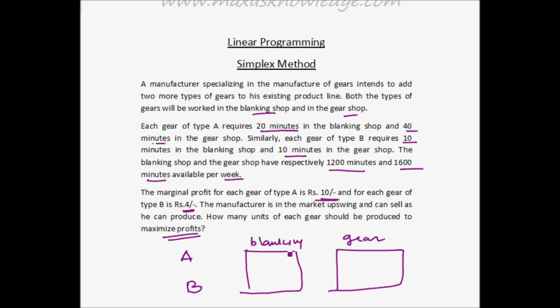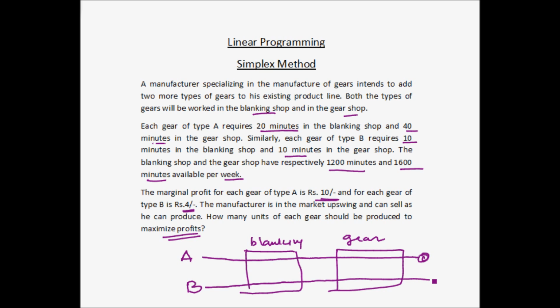So these are two different departments which have different types of machines, and each of these product types has to go through each of these shops to be converted into the final product. So A has to go through both of these and B also has to go through both of these.